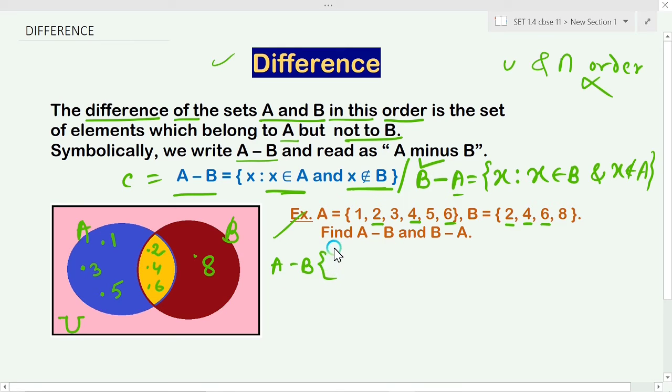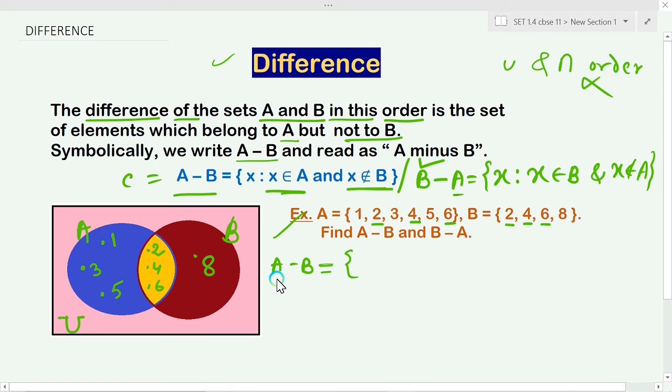Now we calculate A minus B because A is written first, then B. So A minus B contains the elements of only A. Which are the elements of only A but not of B?